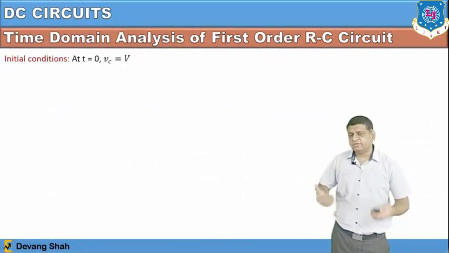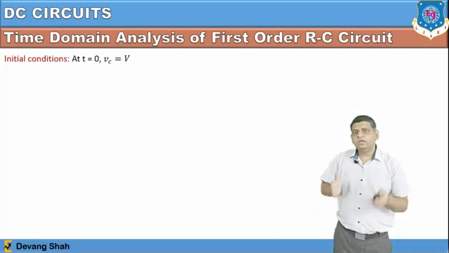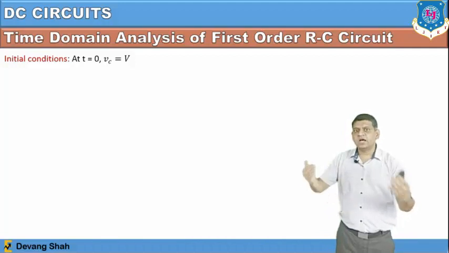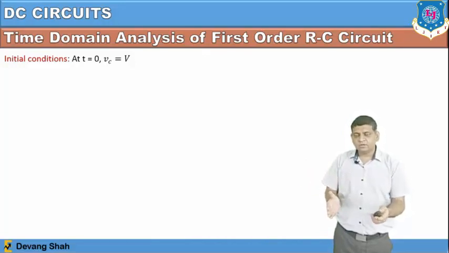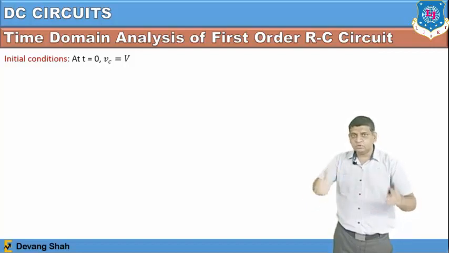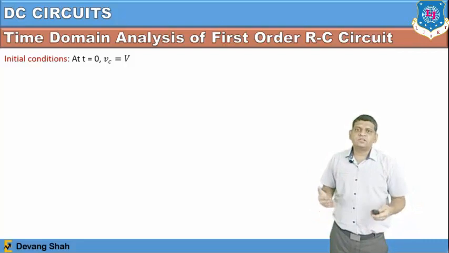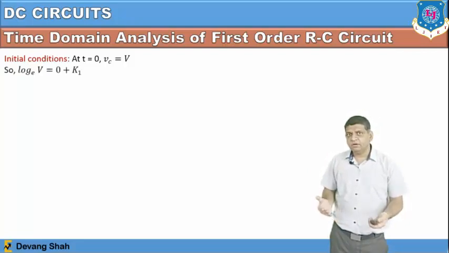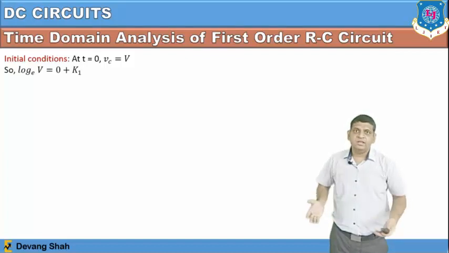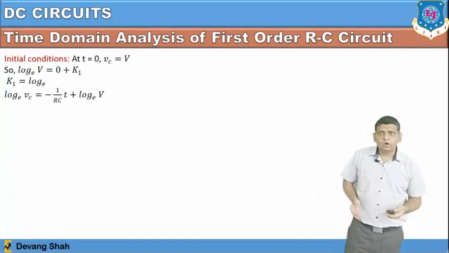The initial condition is t = 0, where the capacitor is fully charged, so the total voltage across the capacitor is V. So at t = 0, when the capacitor starts discharging, the voltage across the capacitor is V, so K1 = ln V. I put this term in the main equation.